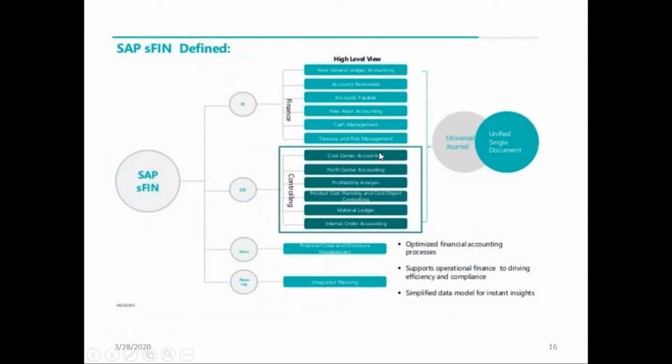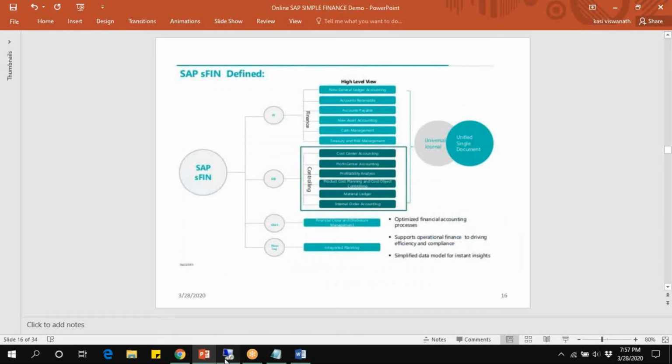And in controlling: cost center accounting, profit center accounting, profitability analysis, product cost planning and cost object controlling, material ledger and internal order accounting. In this diagram they highlighted the controlling part, the conditional workflows from controlling to finance integration. Let me show a practical session.